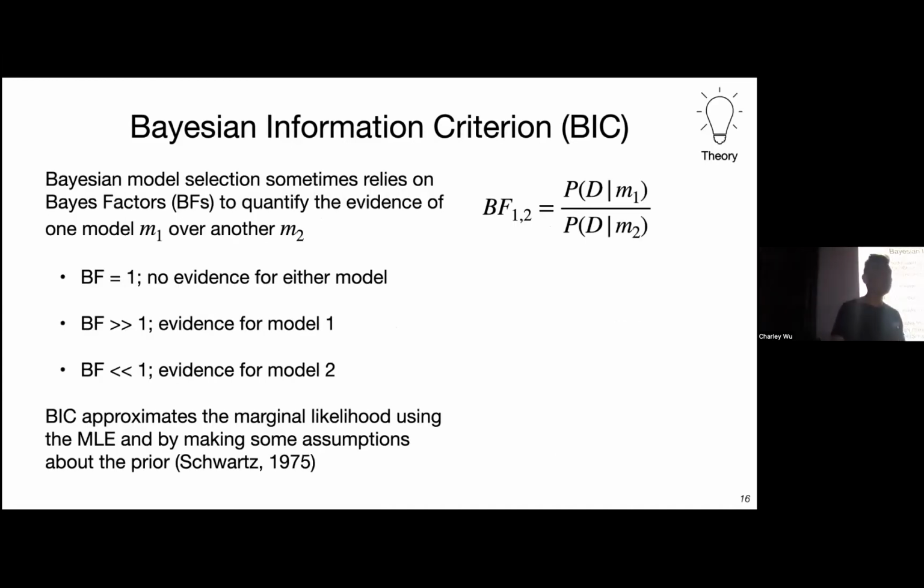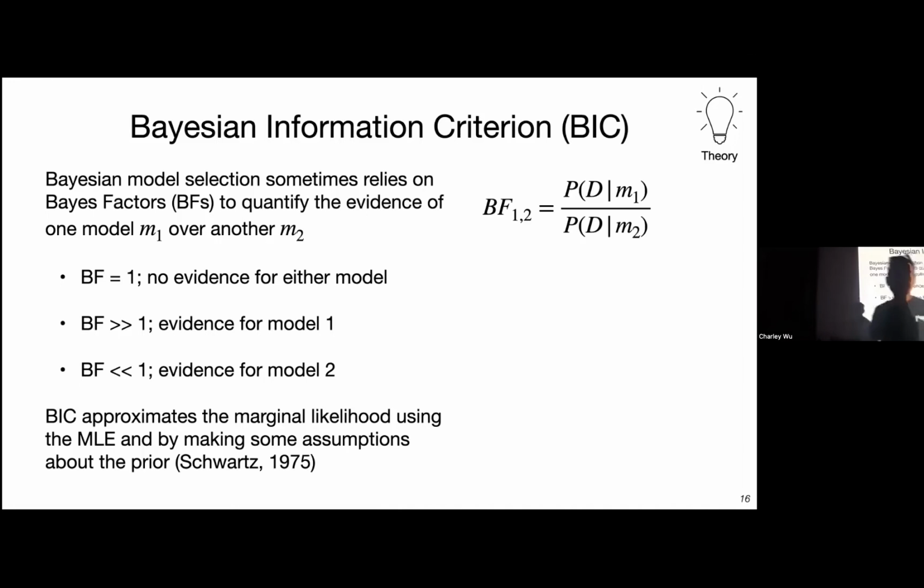I'm going to go through the theory first because BIC, as it says in its name, has a Bayesian interpretation. Bayesian model selection sometimes relies on what are known as Bayes factors to quantify the evidence for one model over another. Sometimes it's written as BF for Bayes factor, sometimes subscripted 1, 2 to indicate the evidence for model 1 over model 2.